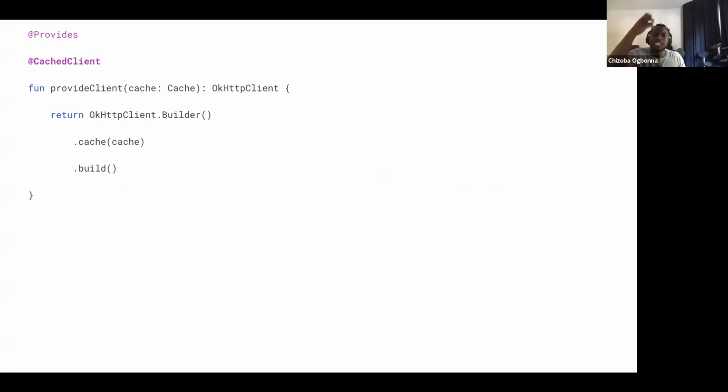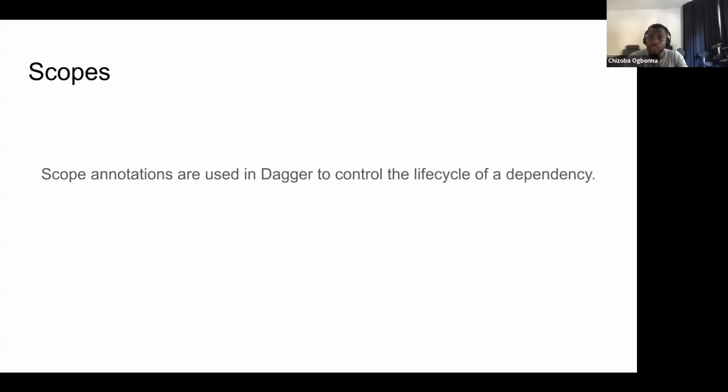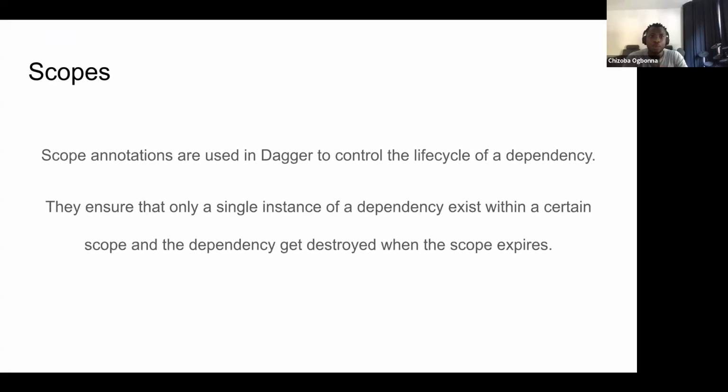So if OkHttp client is difficult, maybe it's actually a very complex class, you want to create it once, and everywhere it's being requested, you want to supply that single instance that you created just once. So that is one of the things that scoping does. It ensures that a single instance of a dependency exists within a certain scope. And when that scope expires, that dependency is also destroyed.